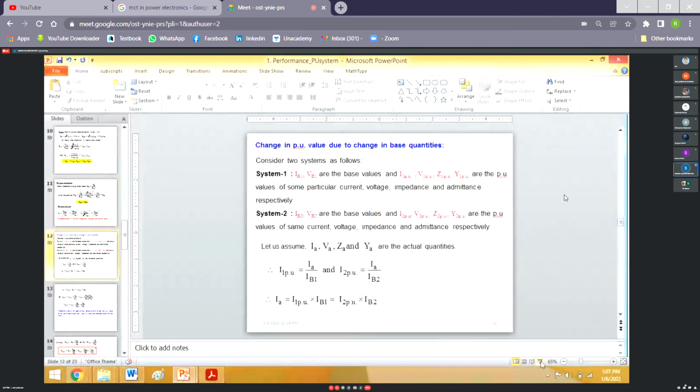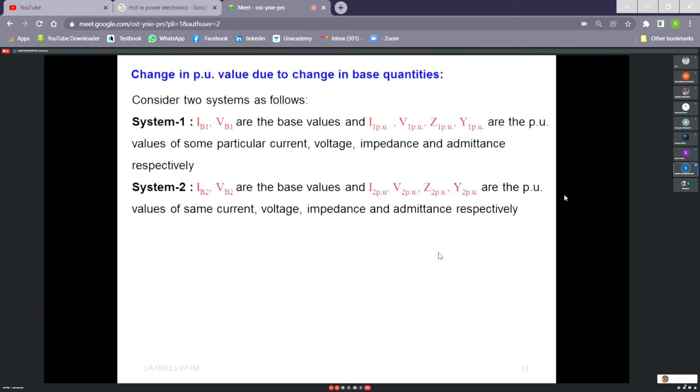So now we shall check what will change in the per unit value if we change the base, because base is an arbitrary thing. We can assume the base values as per our desire. Base may be different from one person to another.